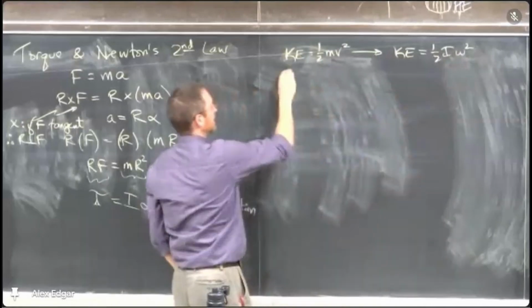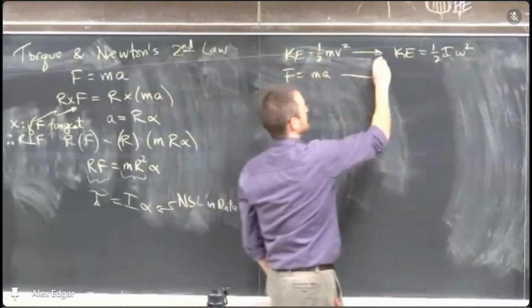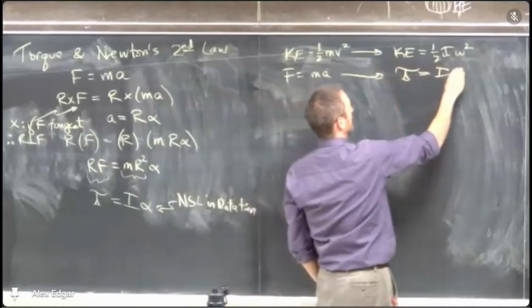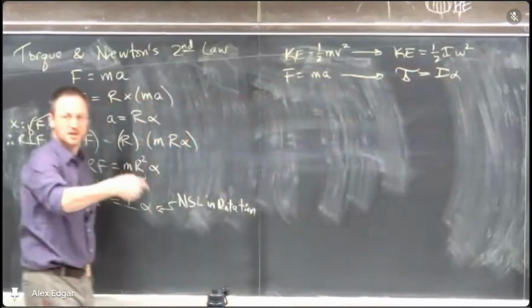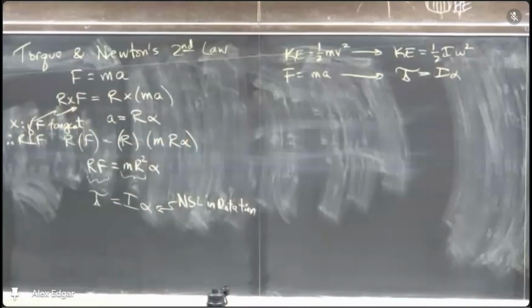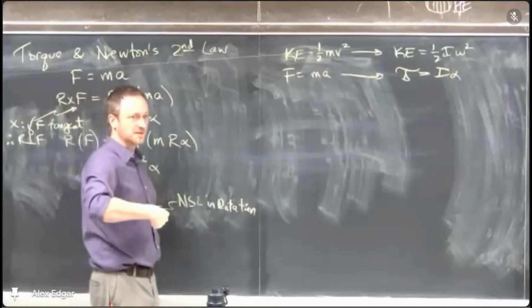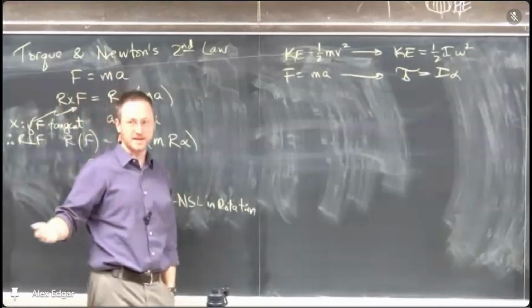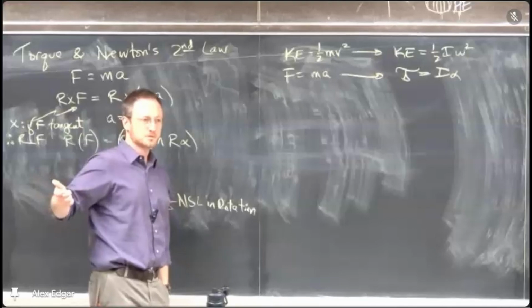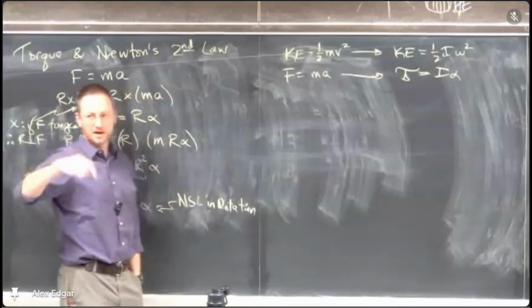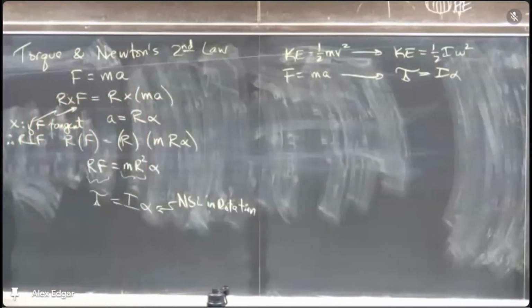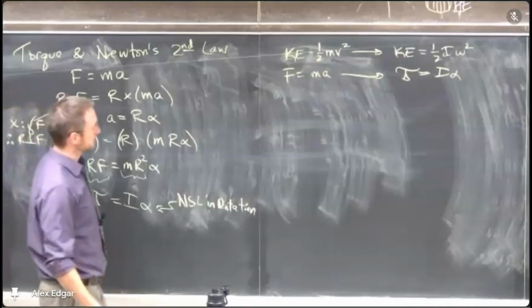And now we have F equals ma, torque equals I alpha. All I did was trade out the linear quantities for the rotational quantities. It's an analogy that works very, very well. And we did the same thing in kinematics too. All the v's turn into omegas, the a's into alphas, and the s's into thetas. And there's no such thing as rotational time, fortunately. That would be a mess. I'm glad we don't have to have rotational time.